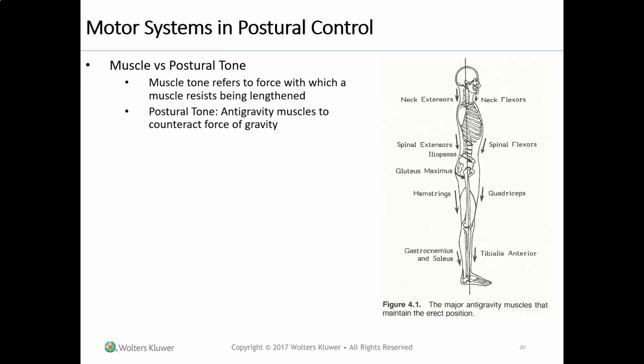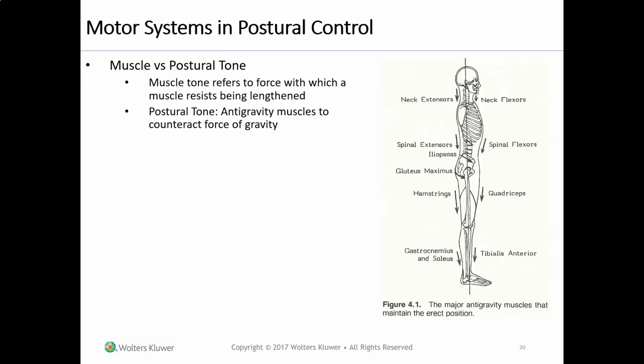The majority of anti-gravity muscles that maintain the erect position are the gastroc and soleus, tibialis anterior, hamstrings, quads, glutes, spinal flexors, iliopsoas, neck extensors, and neck flexors. So when we're talking about postural tone, we want to work those muscles: the anterior tib, gastroc, quads, hamstrings, glutes, spinal flexors, spinal extensors, neck flexors, and neck extensors.